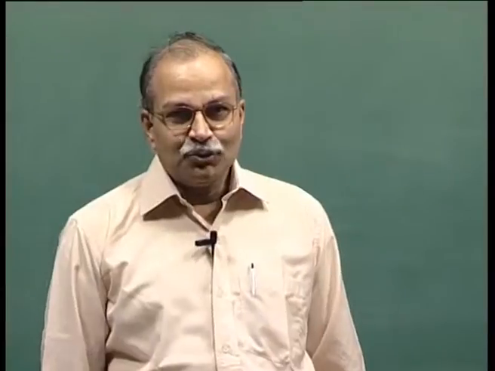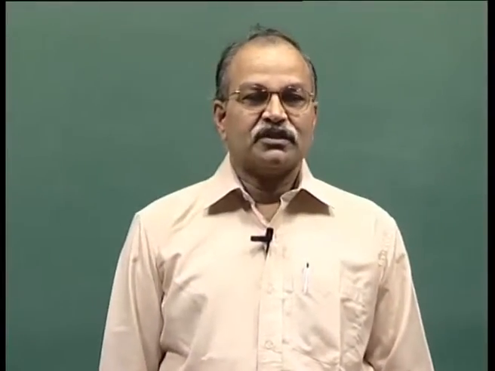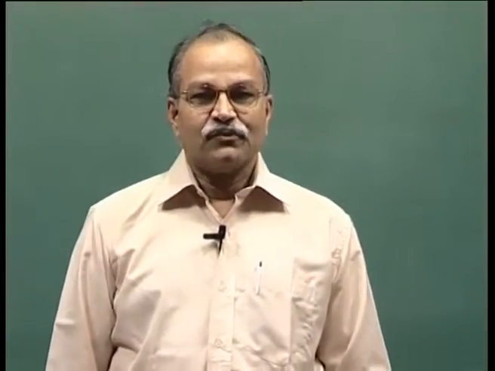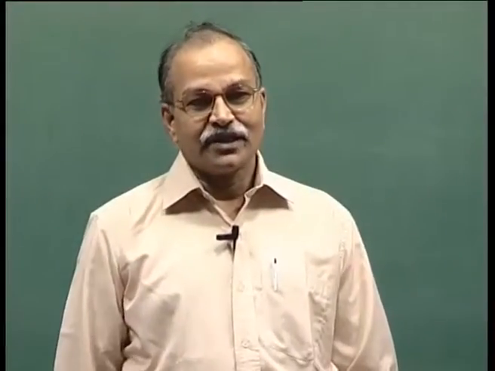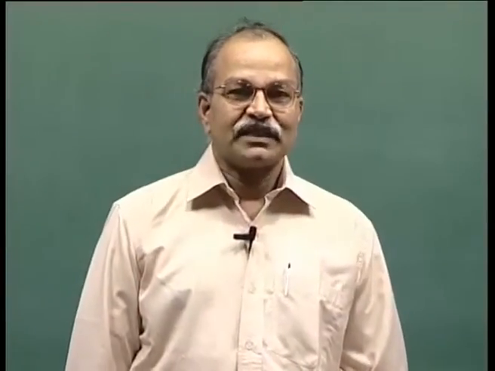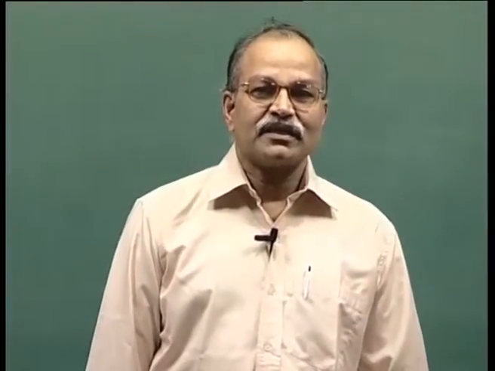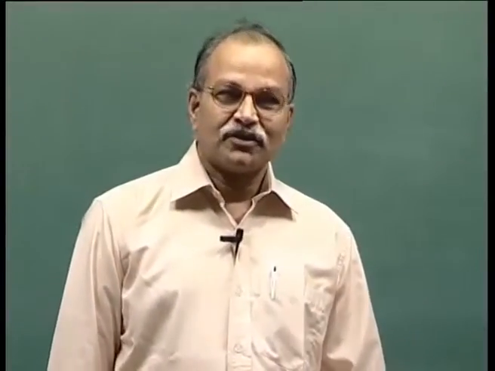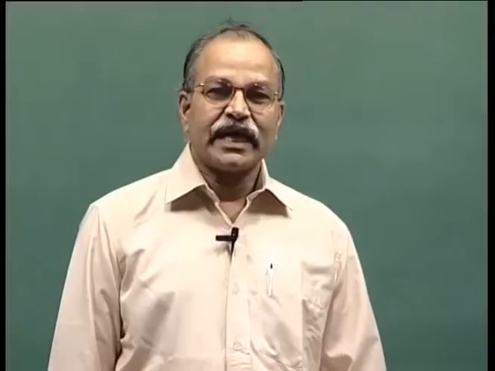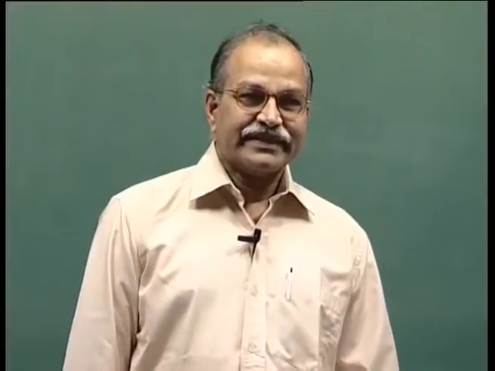So, I have given you the overview of nuclear physics and what we are supposed to do in this course. As I said, nuclear physics has just completed its 100 years. It all started with the Geiger-Marsden experiment, where alpha particles were bombarded on metal foils and the scattered alpha particles were detected.